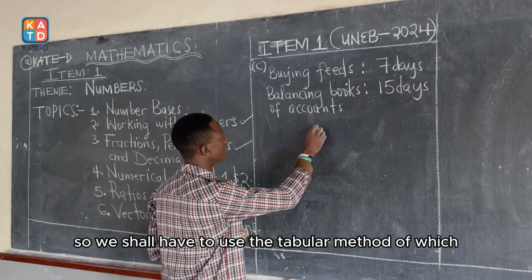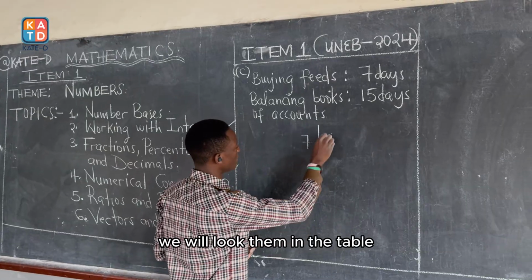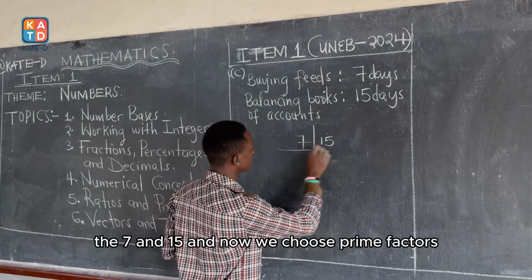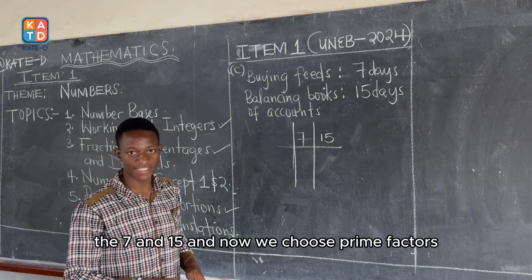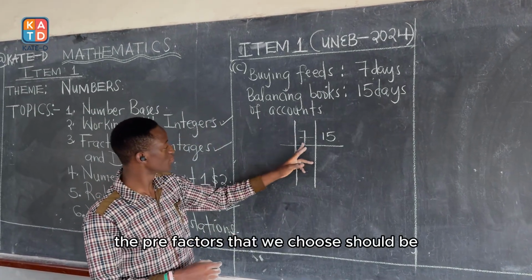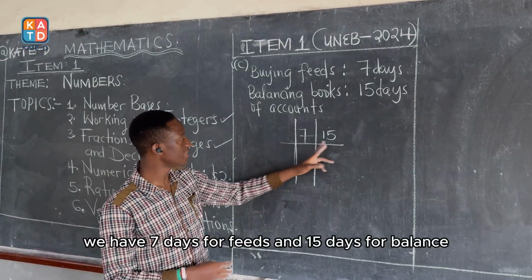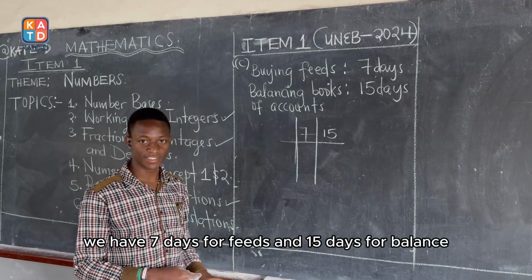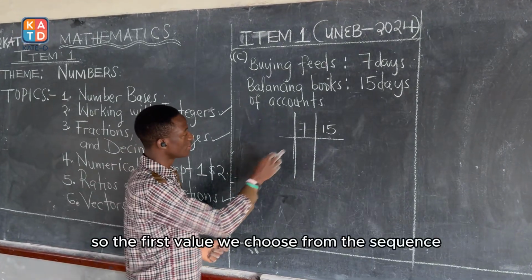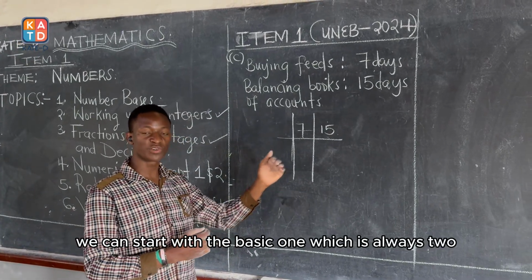So we shall have to use the tabular method, where we group the 7 and 15 in the table. And now we choose prime factors. The prime factors that we choose should suit the values that we have. We have 7 days for feeds and 15 days for balancing books of accounts. So the first value we choose from the simplest. We can start with the basic one, which is always 2.